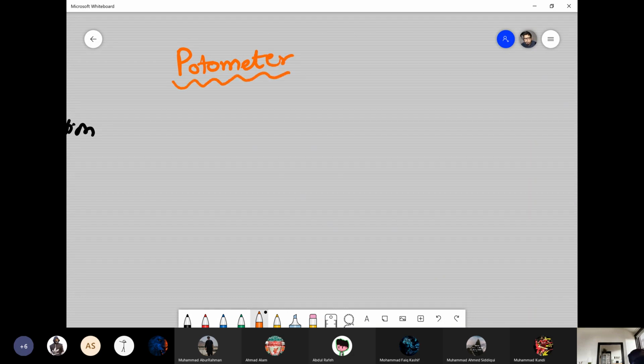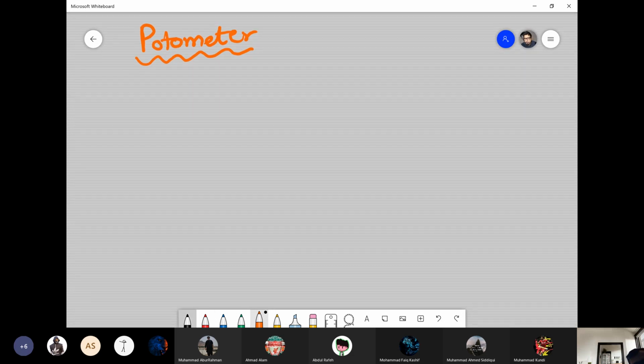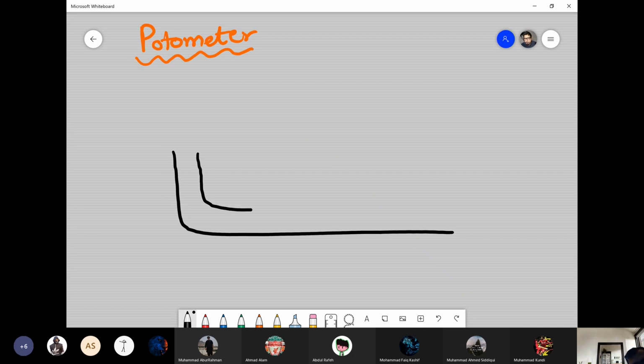Now, guys, this potometer is actually a bent glass tube. It looks like this.